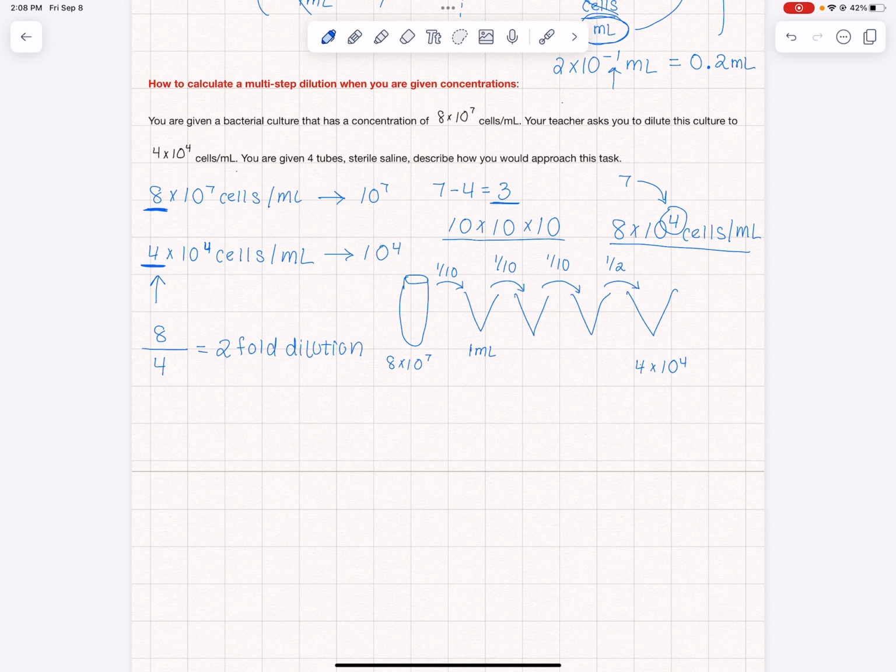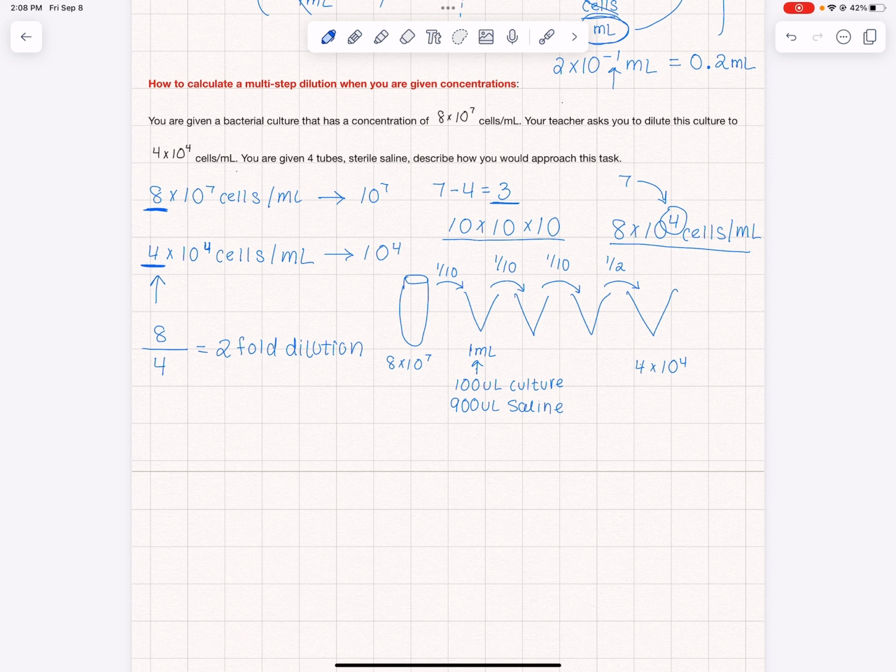To do a 1 to 10 dilution, that would mean that we would take 100 microliters of culture, or 0.1 mLs of culture, and we would then have 900 microliters of saline. That would equal 1 ml.